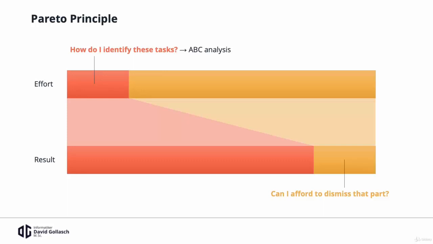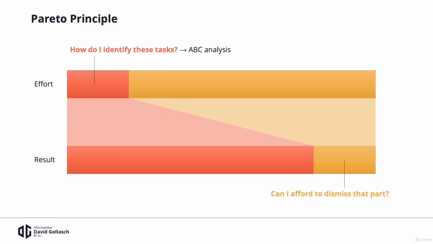And that's the big difficult deal here. The difficult thing is to identify the 20% of the effort that you have to put in to achieve the 80% of the result.